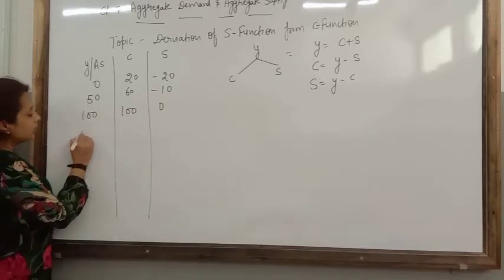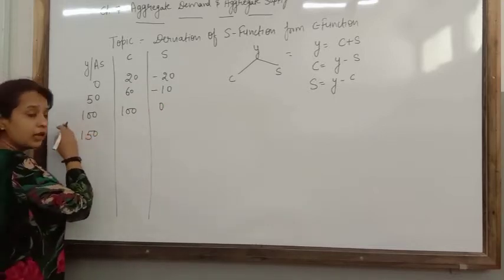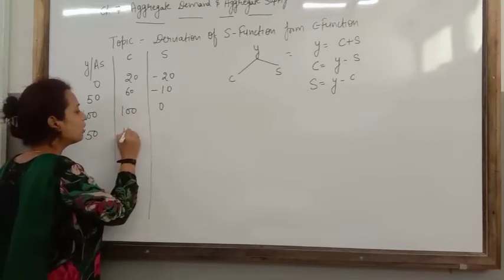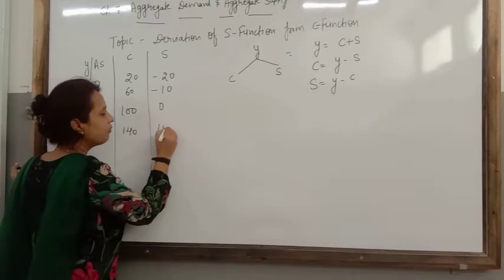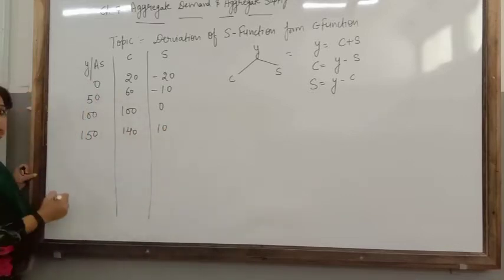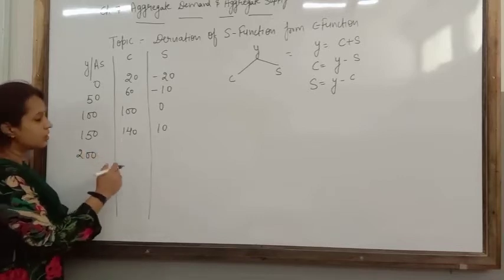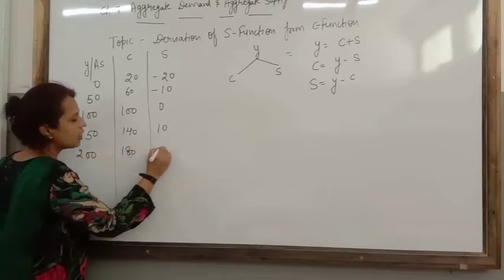When your income increases till Y equal to C, your consumption will also increase, but your saving will be 10.